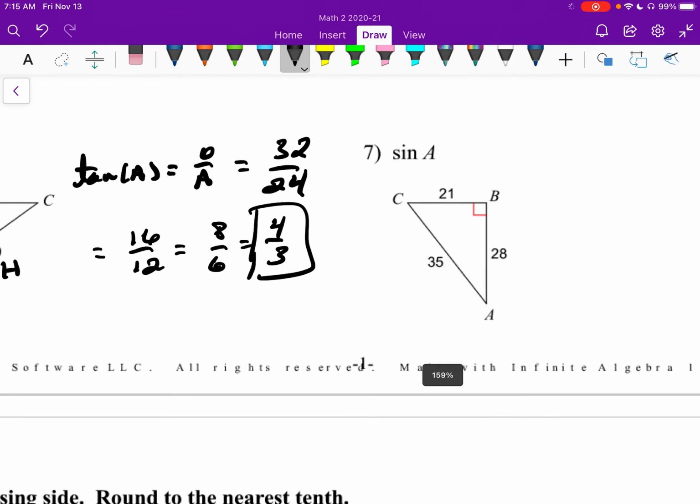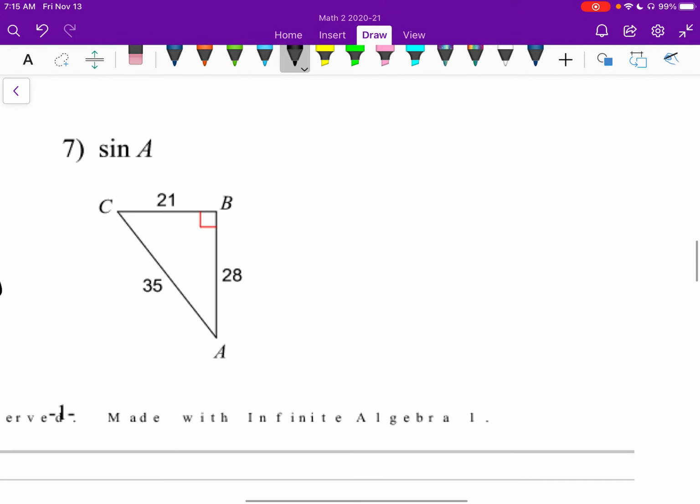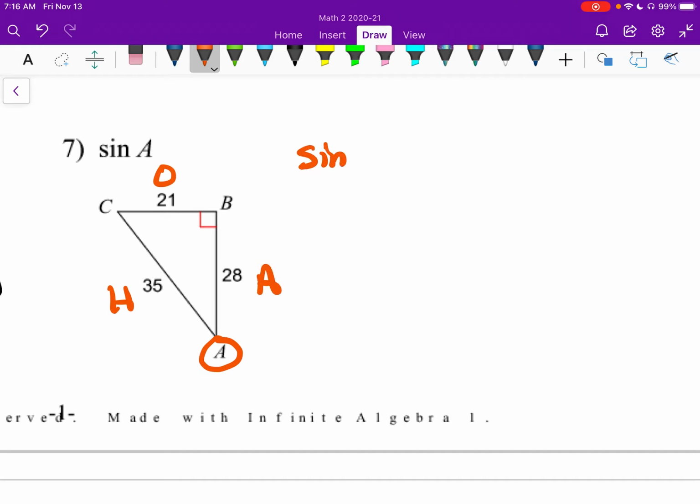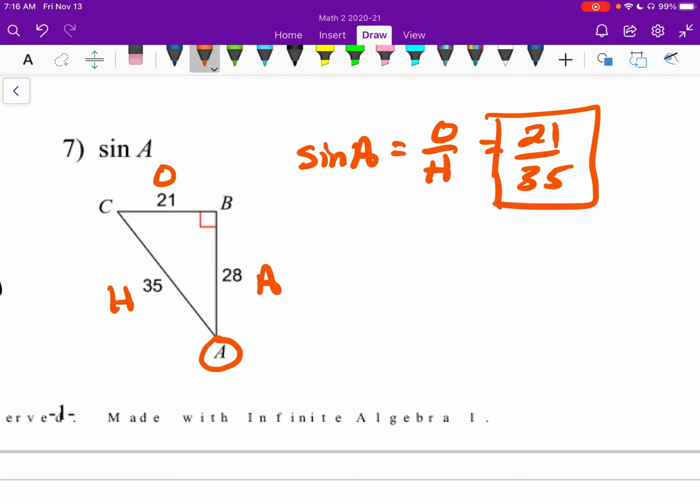All right. And number 7, last one like this. We've got sine of A, so here's our A, here's our hypotenuse, here's our opposite, here's our adjacent. Sine of A is opposite over hypotenuse, so 21 over 35. And will that reduce? 5, 6, 7, 8? No. And there we are.